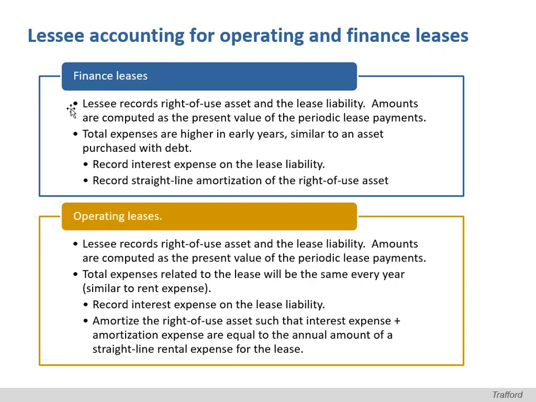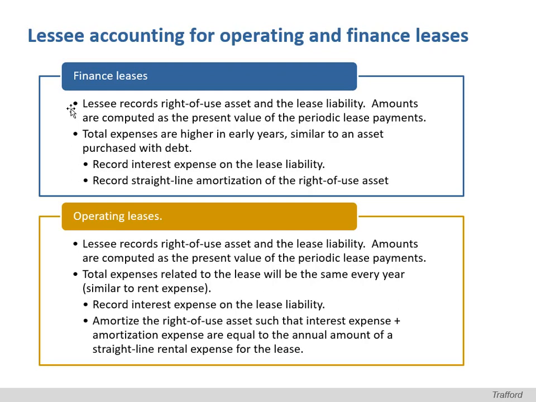On the income statement, with a finance lease, the lessee will have slightly higher total expenses recorded on the income statement in the early years of a lease compared to the later years of a lease. In other words, it's similar to if you purchased that asset with debt, you'd have a straight line depreciation cost, but you'd have higher interest expense in the early years of that asset's life than in the later years.